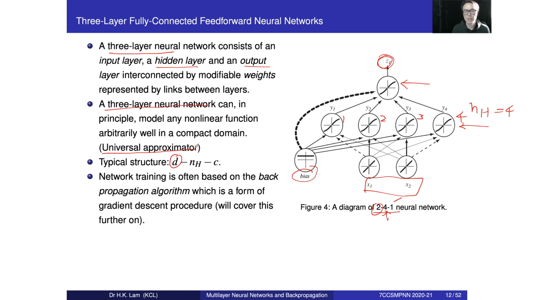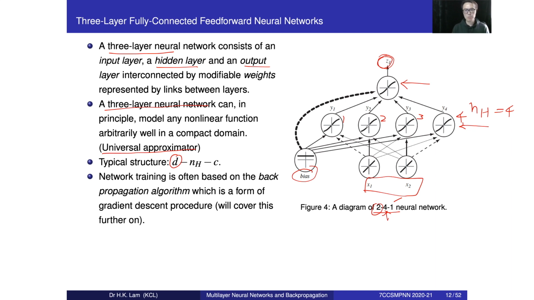It means that a 3-layer neural network can approximate any continuous function in a compact domain to any arbitrary precision. So 3 layers are sufficient, but sometimes we increase the number of hidden layers to more than 1, for example 10 hidden layers. In that case, we increase the expressive capability in some sense, or for some reason we use more than 1 hidden layer.